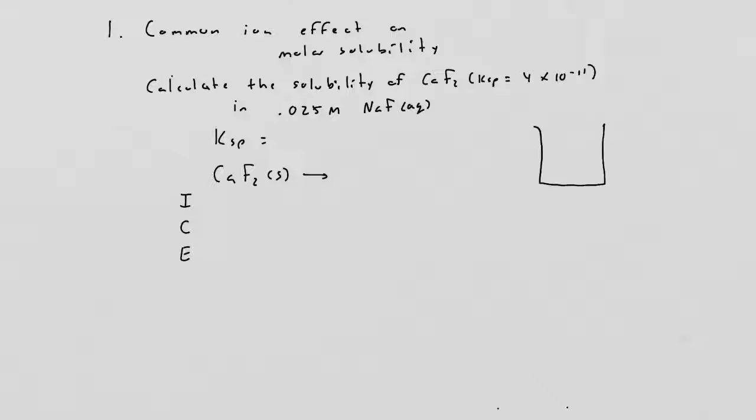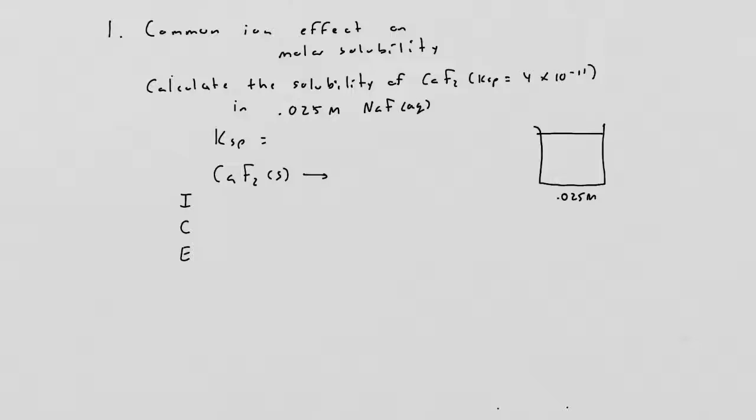Alright, so let's talk about what we have here. What we're assuming is that we have a solution of NaF already made up, and it's got a concentration of 0.025 molar. And because NaF has one sodium, one fluoride, and by the way, I'm not even giving the KSP because things that we said were soluble earlier in the year have really large KSPs. Essentially, the dissolving process goes to completion unless the solution is saturated.